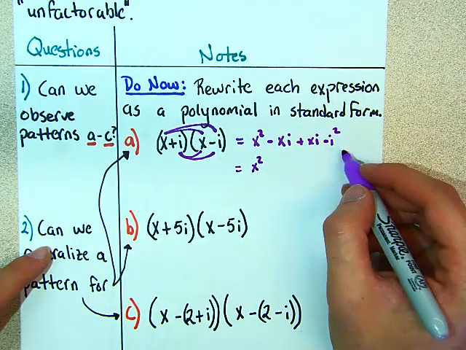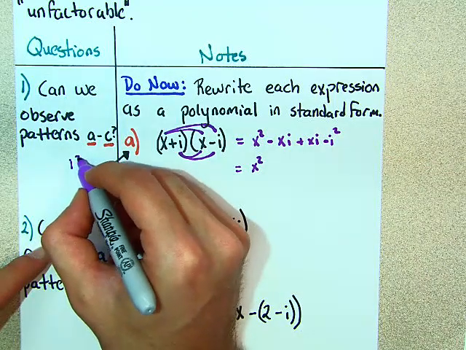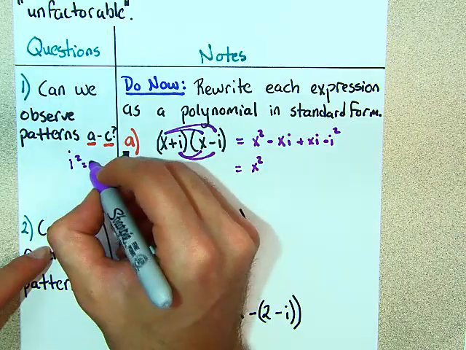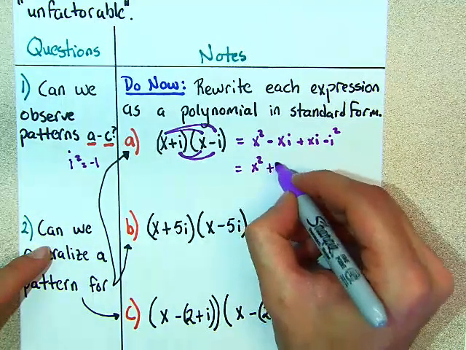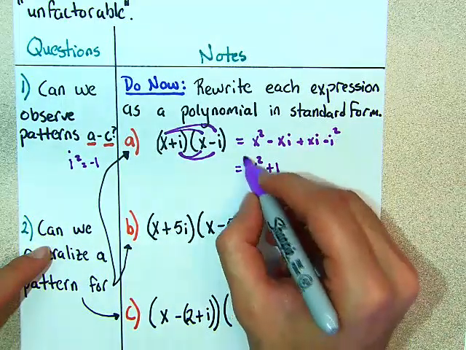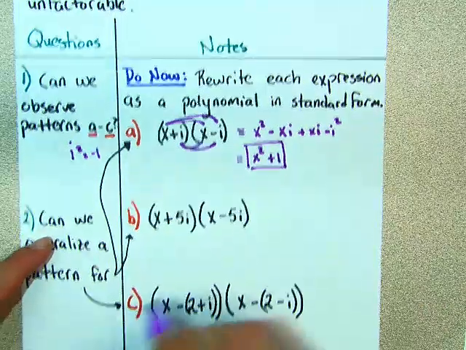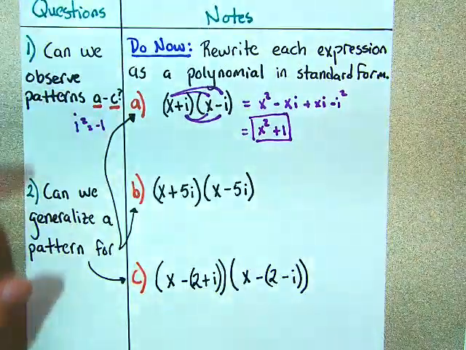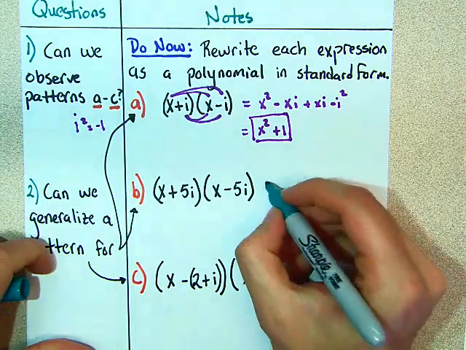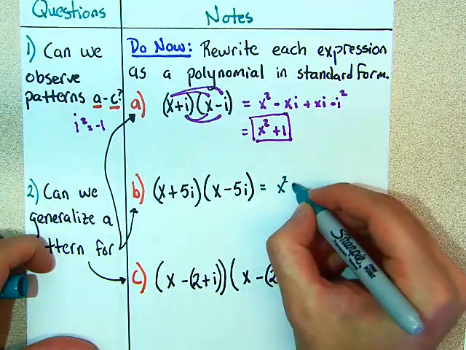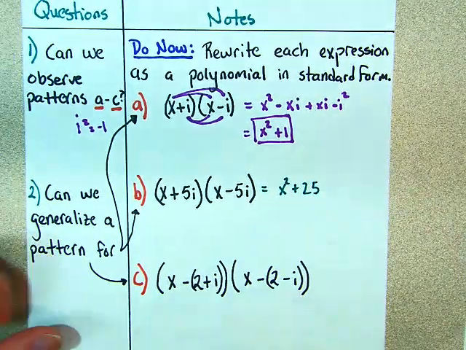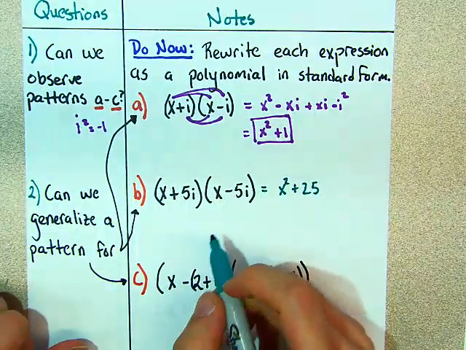And remember, i squared is negative 1. So this just becomes x squared plus 1. And that's it. All right. What about the next one? Here, this should have been equal to x squared plus 25. Okay? And I'll let you figure it out.